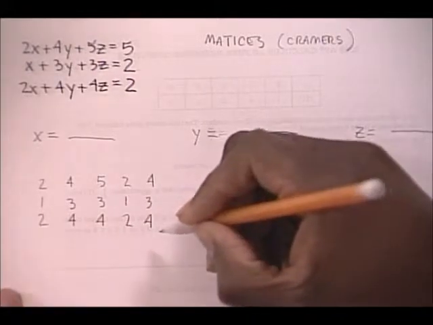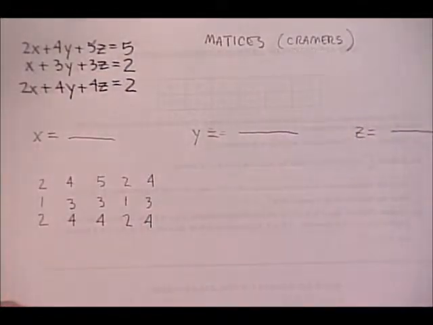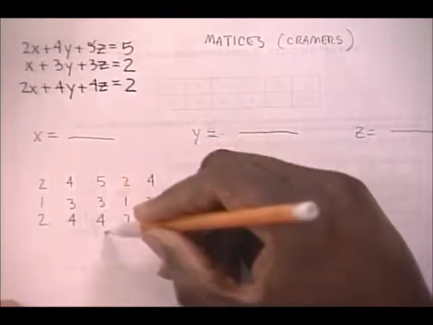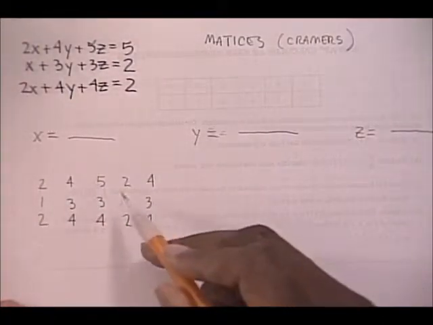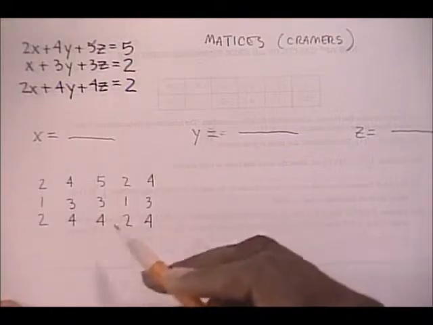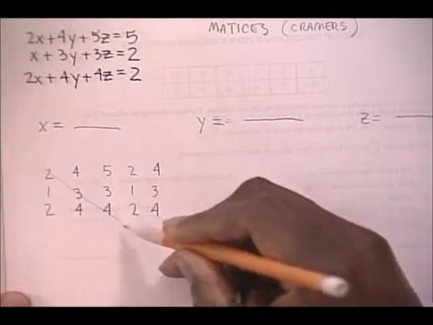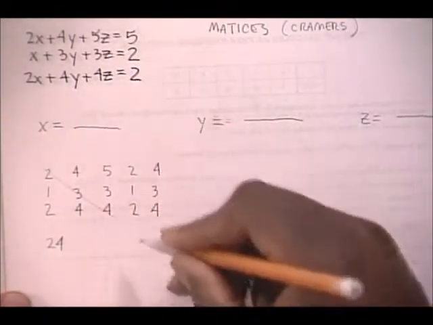Then it's a lot of multiplying. We find the product of 3 diagonals and subtract the product of 3 diagonals that way. We get 2 times 3, which is 6, times 4, which is 24. We just found the product of that diagonal.